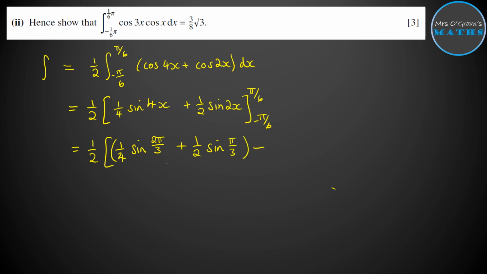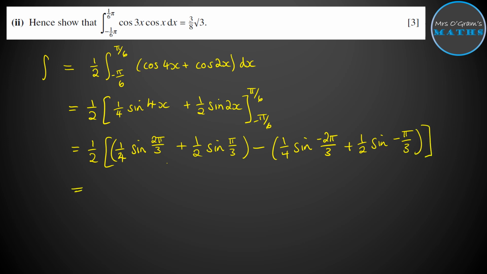Take away quarter sine of negative 4 pi by 6, which would simplify down to 2 pi by 3, and half sine of negative pi by 3.